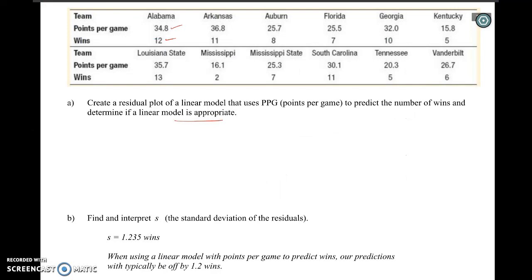So, determine if a linear model is appropriate? Yes. Actually, it doesn't say to justify, but come on, we got to justify everything in stats. So justify because the scatter plot. Don't just say the scatter plot. What scatter plot?